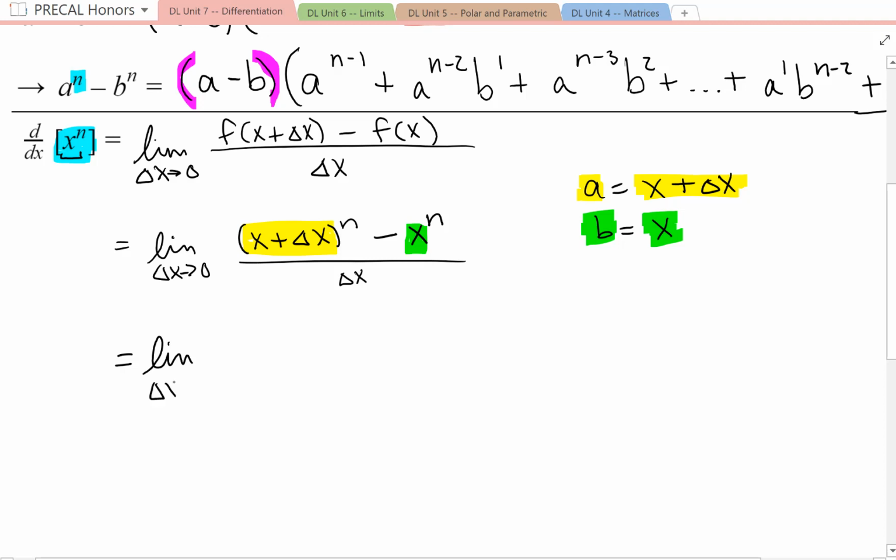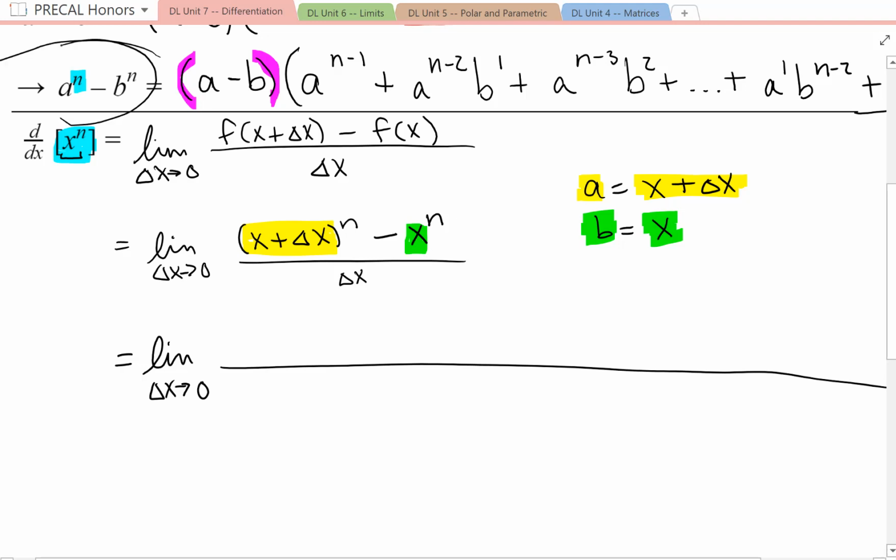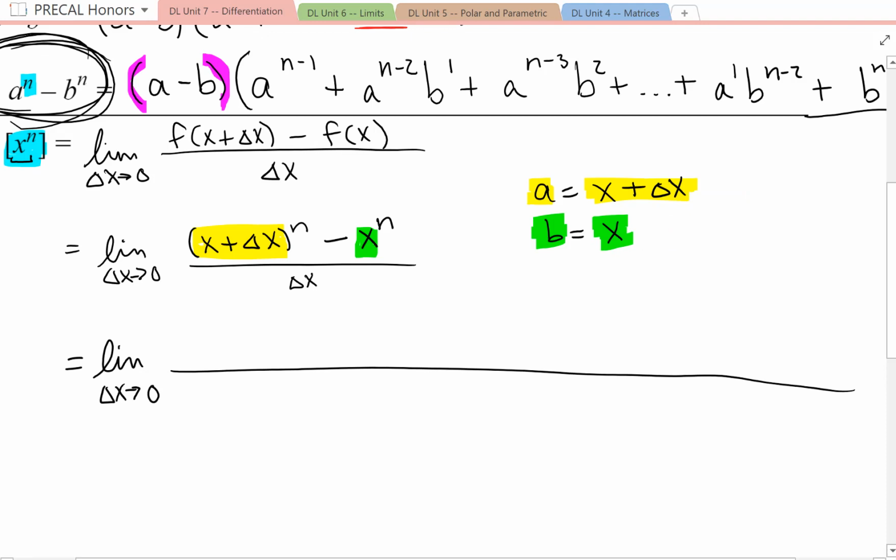The limit as delta x approaches 0 of a to the n minus b to the n is equal to this whole thing. A is equal to x plus delta x, minus b. Again, every time you see a in the general formula, you're going to plug in the quantity x plus delta x. Every time you see b, you're going to plug in x.